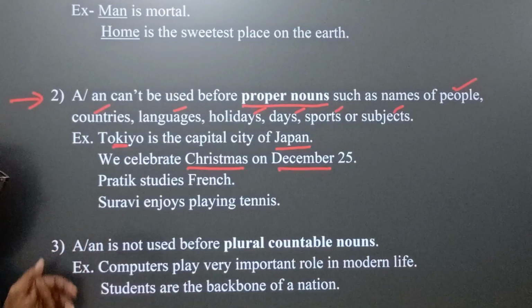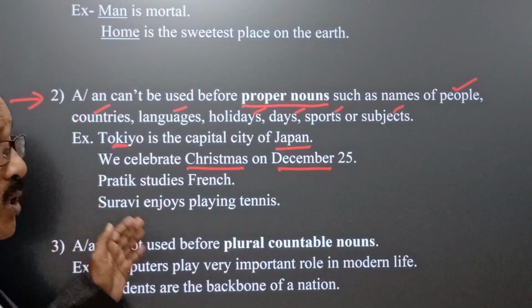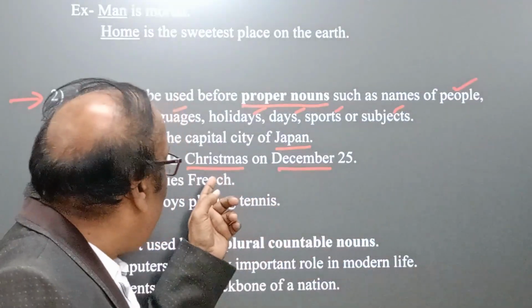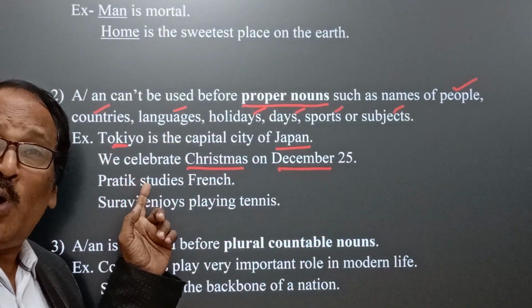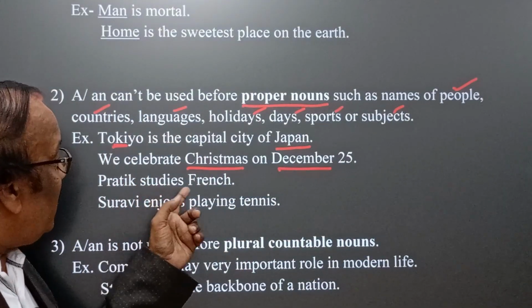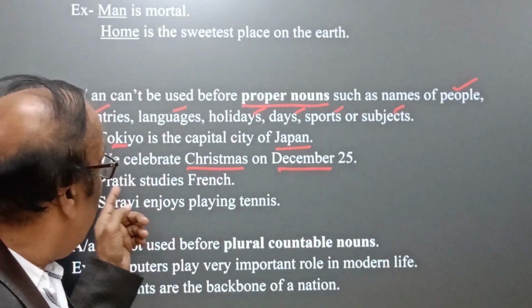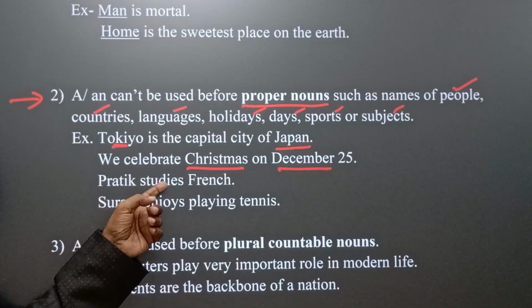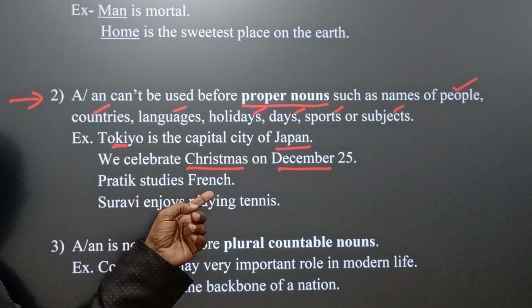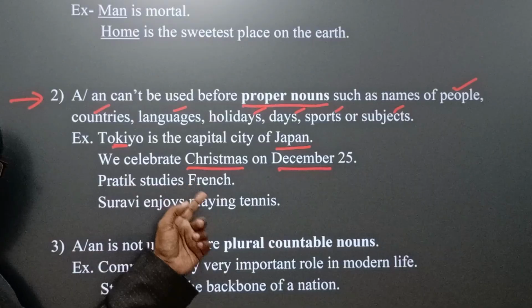Now come to the next example. Pratik studies French. Pratik is the name of a boy, French is the name of a language, and that's why we cannot write Pratik studies a French. Wrong. Pratik studies French.